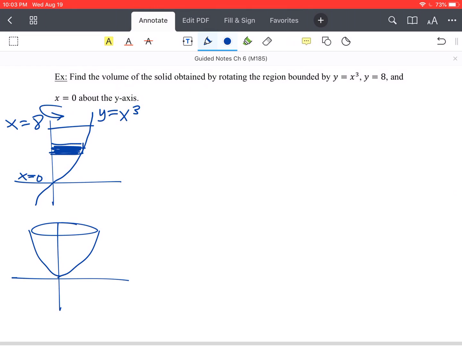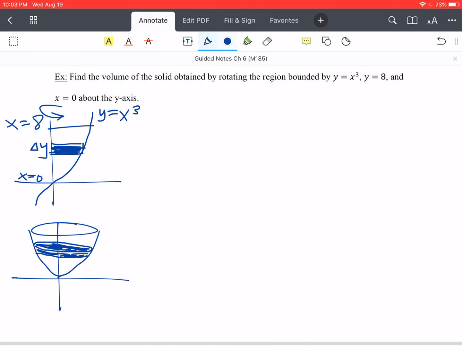So what we need to use in this case is our horizontal integration that we saw in the last section, because this width is going to be a change in y, delta y, and when we rotate that piece, we get something like that. So our disk is actually horizontal this time.